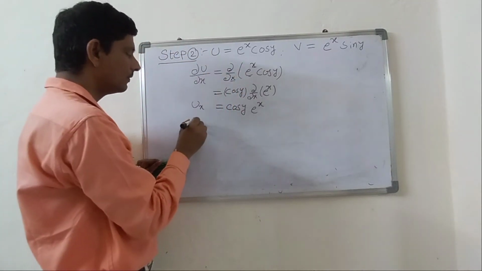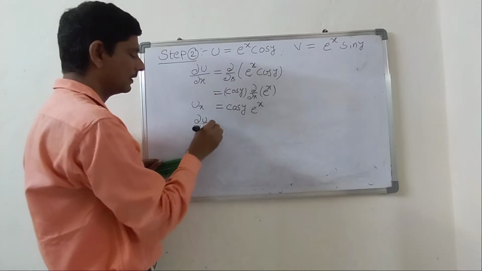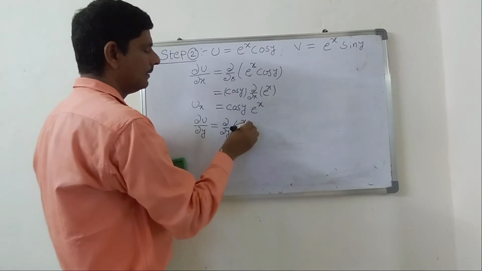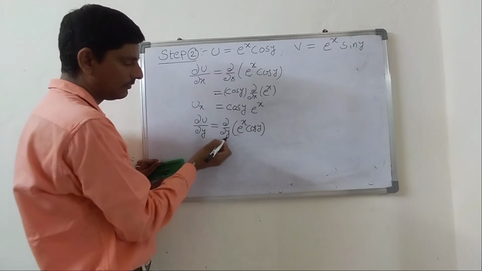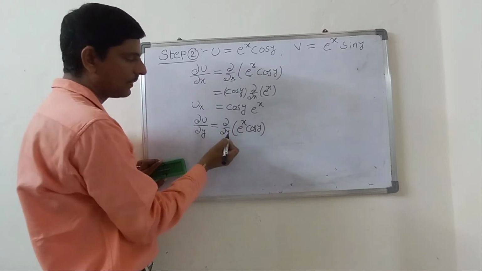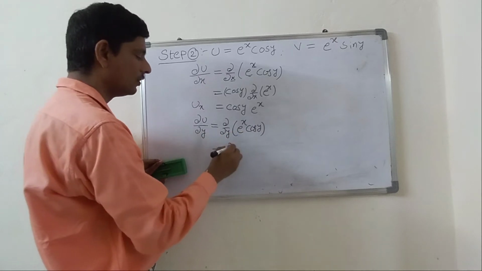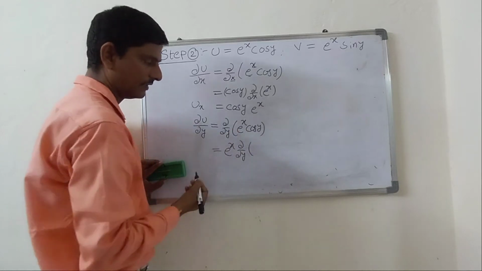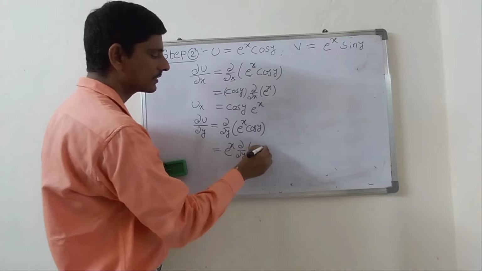Now taking u and differentiating with respect to y, dou u by dou y, dou by dou y of e power x into cos y. Now if we observe, here y is there, here x is there, so the variables are not matched, therefore it is a constant. Taking the constant out, you have to differentiate the variable y with respect to y. So dou by dou y of cos y.